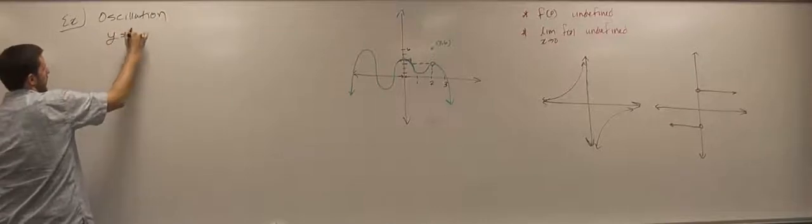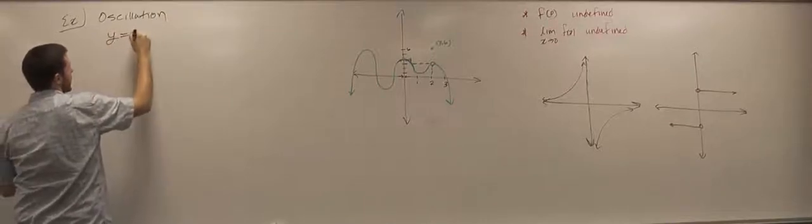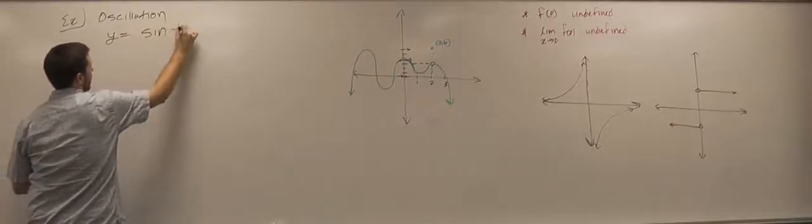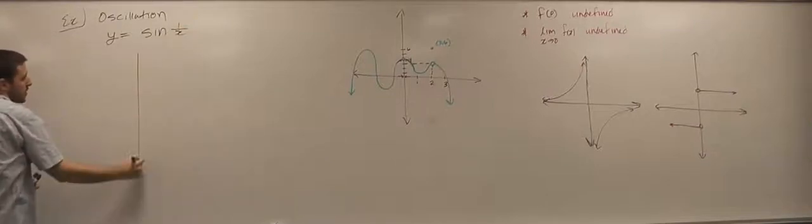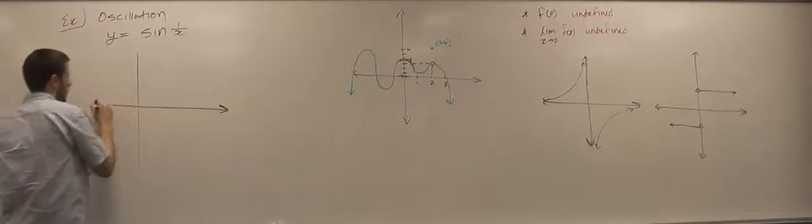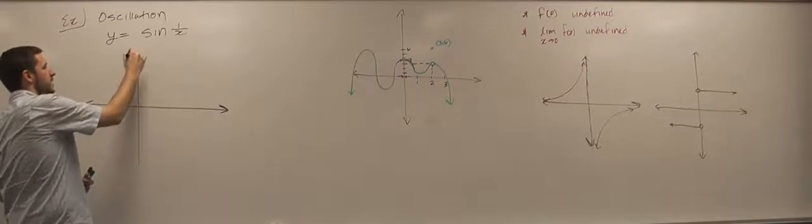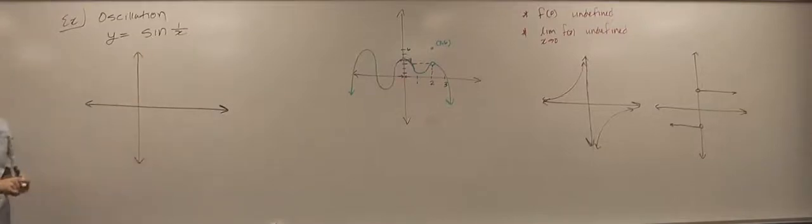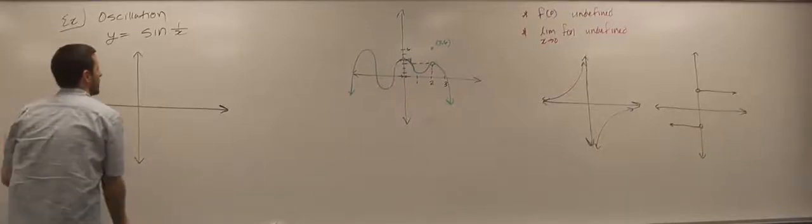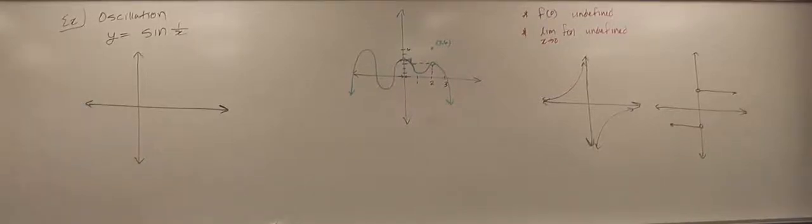So you can think of something like y equals sine of 1 over x. If you want to calculate this limit as x approaches 0, what's going to happen with this graph? Well, here, let me graph this for you.